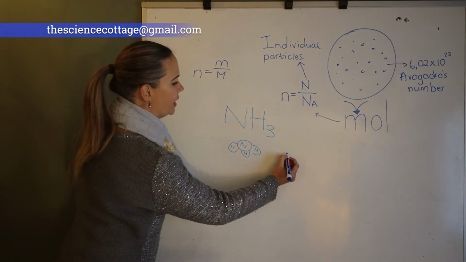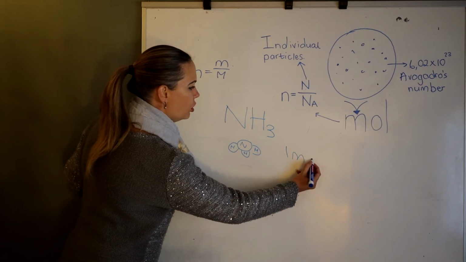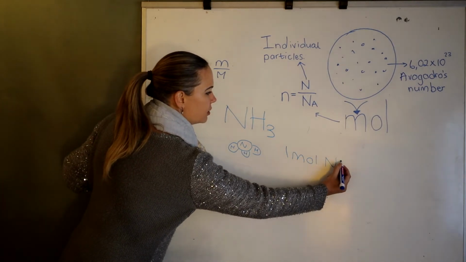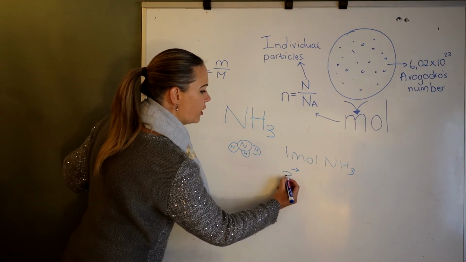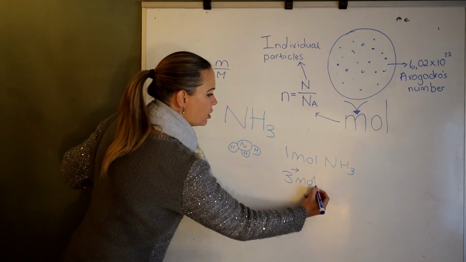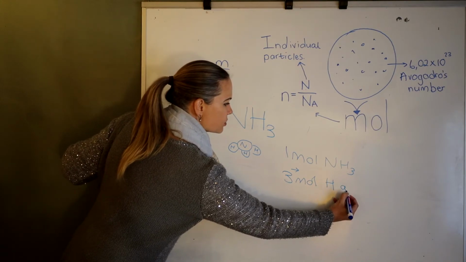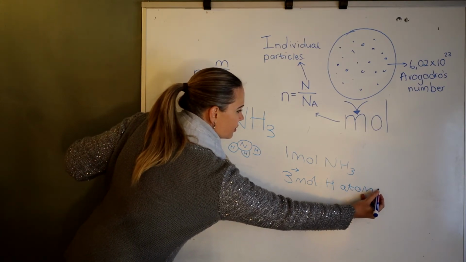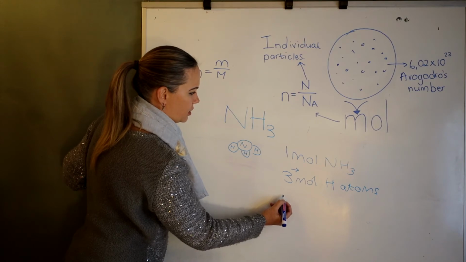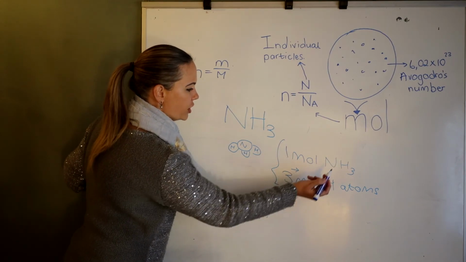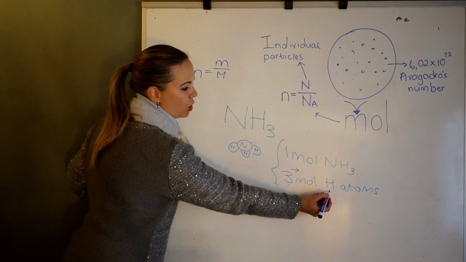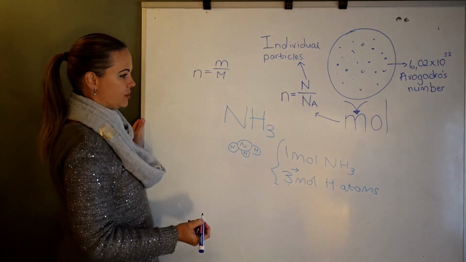So if you calculate that there's 1 mole of ammonia, it means that there's 3 moles of hydrogen atoms present. If you have 2 moles of ammonia, it means that there will be 6 moles of hydrogen atoms present.